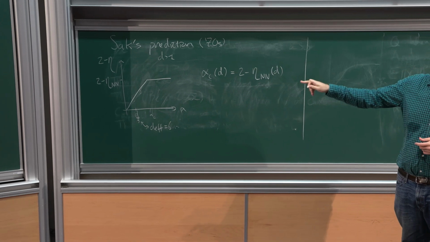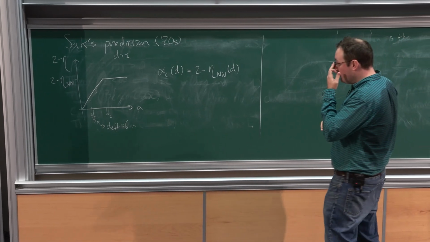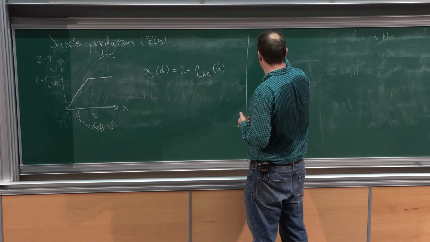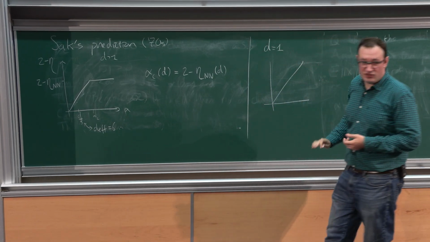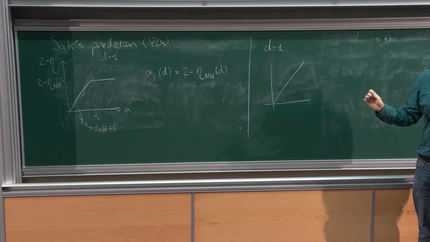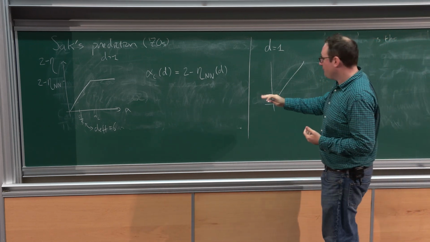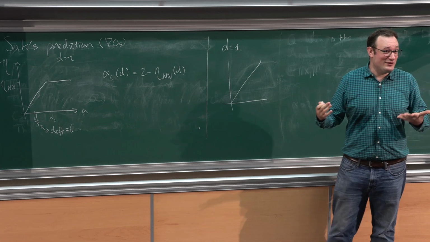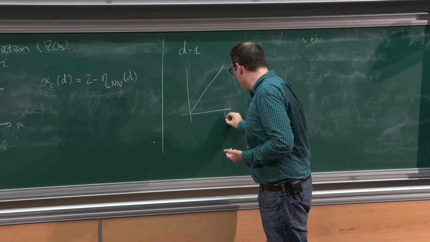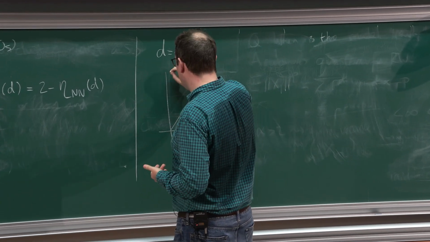So, by the way, this is the picture for d bigger than 1, but if d is equal to 1, then the corresponding conjecture is just that you only see this straight line. You never transition to the nearest neighbor type behavior because there sort of is no nearest neighbor critical behavior. And this goes from 0 to 1.